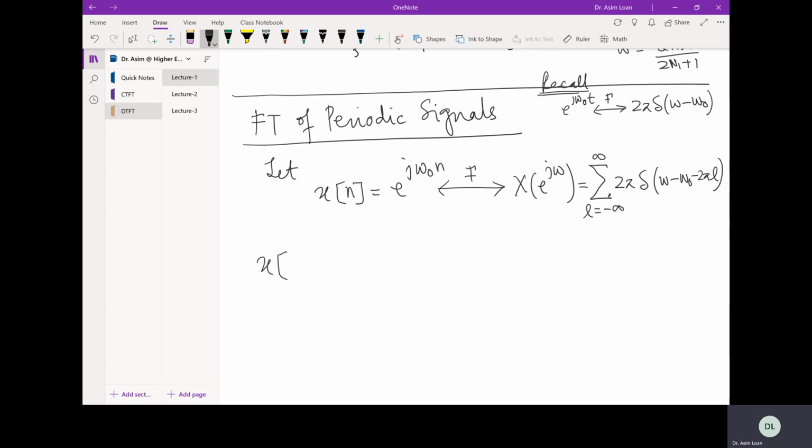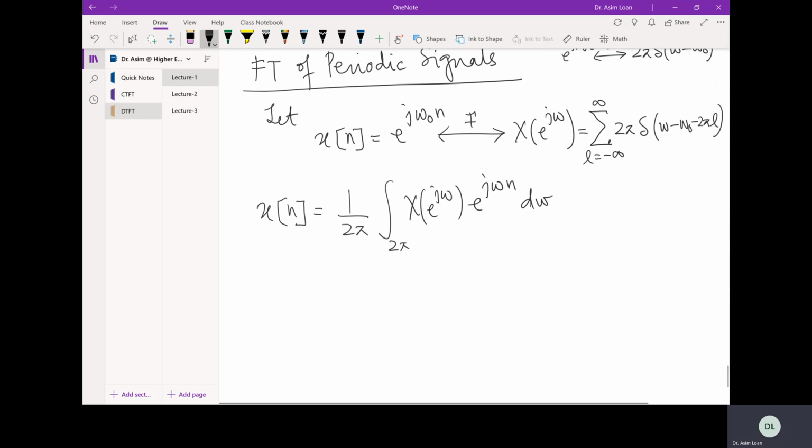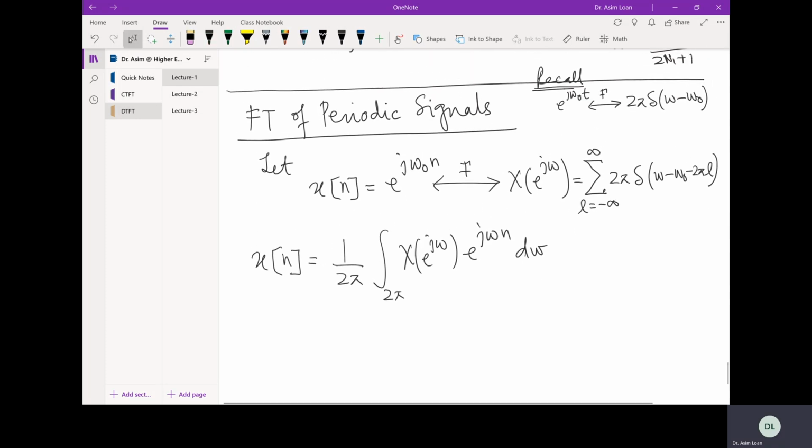x of n is 1 over 2 pi integrated over 2 pi of x of e^jω into e^(jωn) d omega. Okay, let me sketch this one.